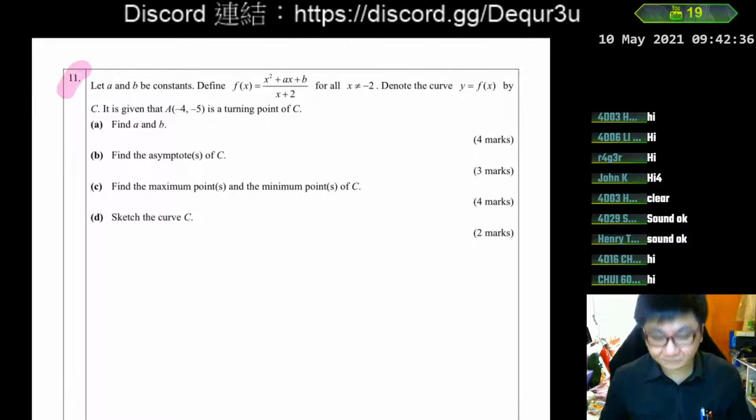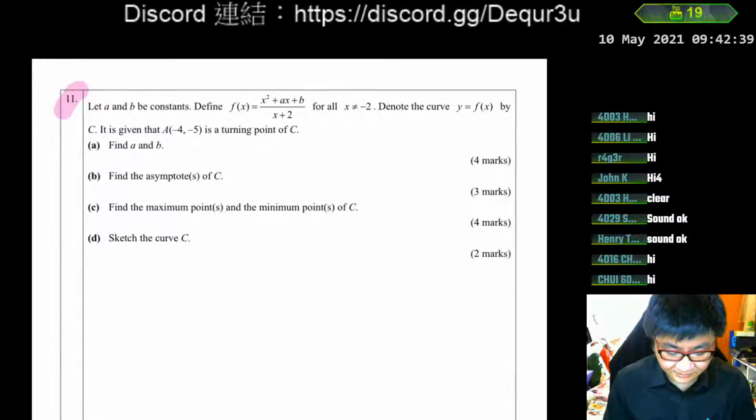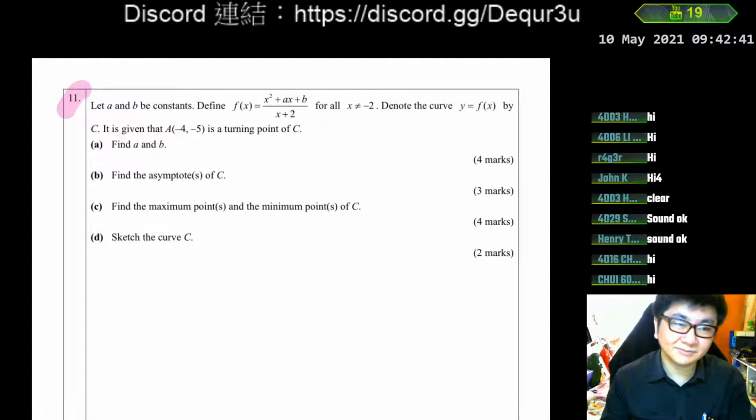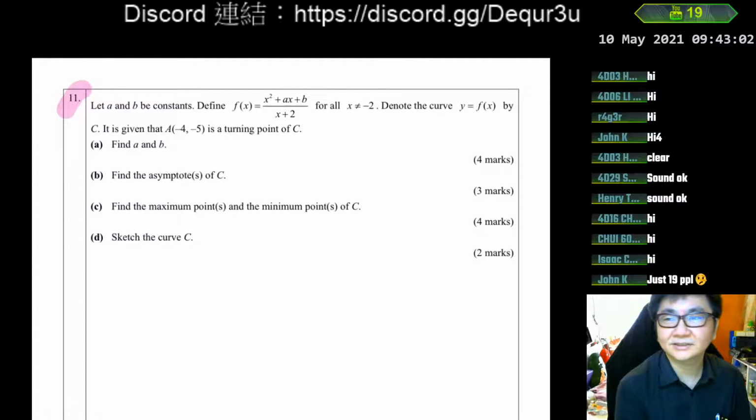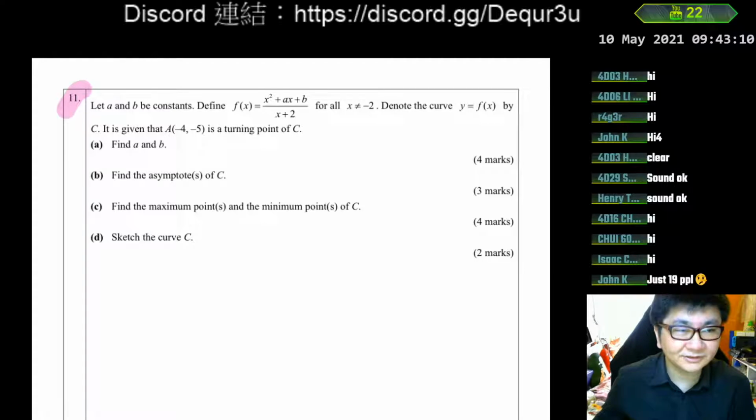This is the question we are going to see in this lesson. It may take time to do a complete curve sketching question, so I think probably it will be just this one. If a little time remains after we talk about this, I have just given an assignment on Chapter 7 curve sketching in Google Classroom, so after finishing this, if we have time, you can also start working on it.